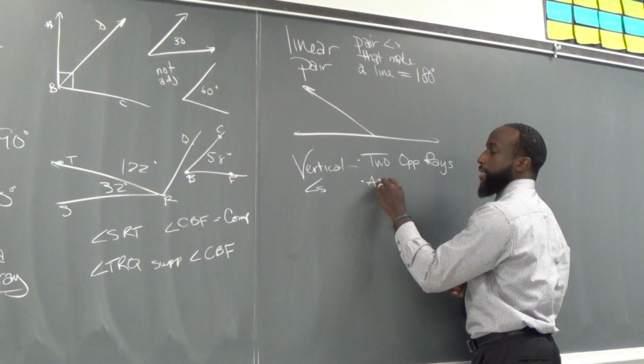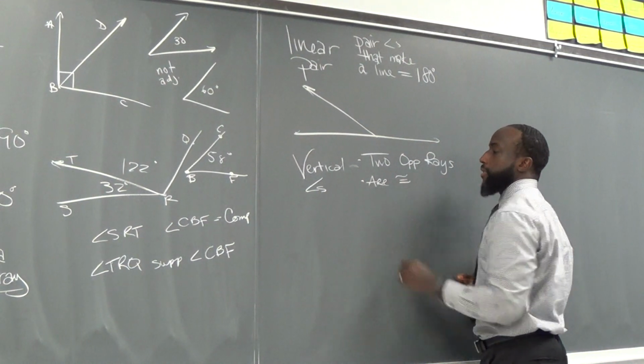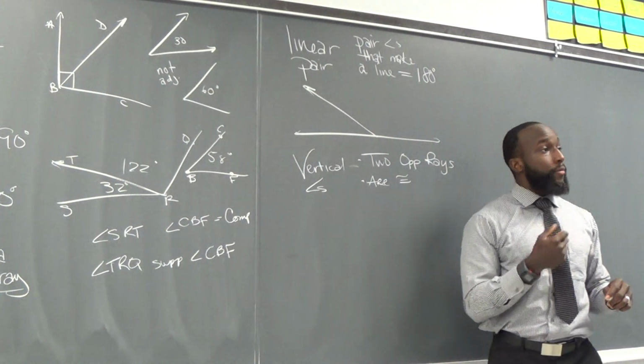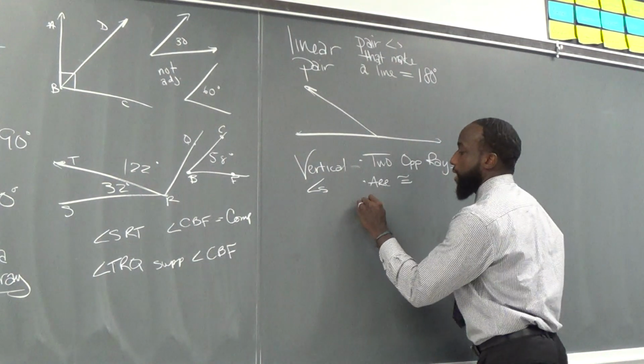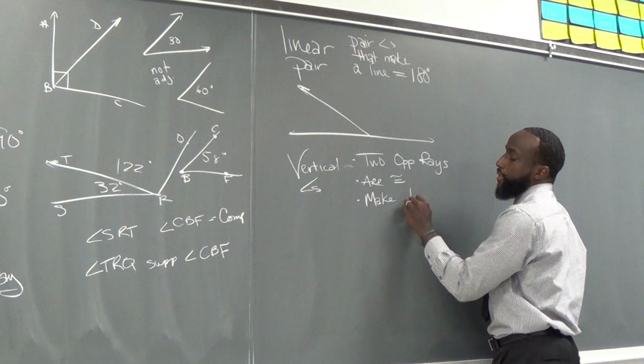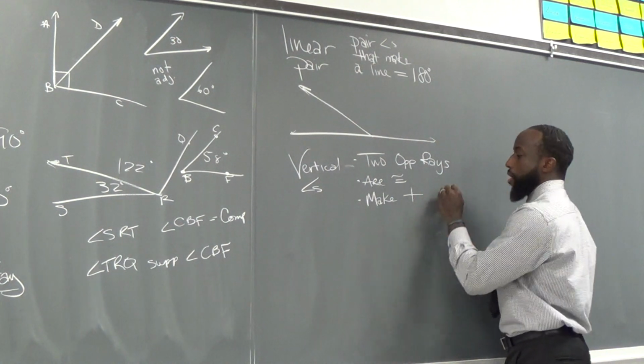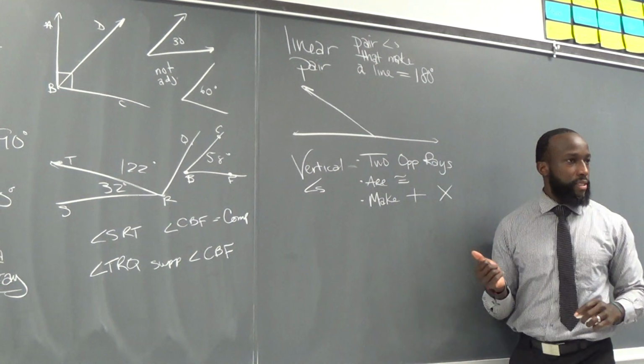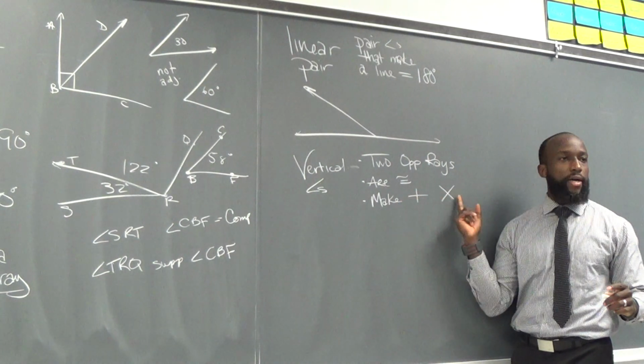So they're two opposite rays and they are congruent to each other. For me, one way to look at it is they make some kind of letter. They make either a T or an X, some variation of a T or X.